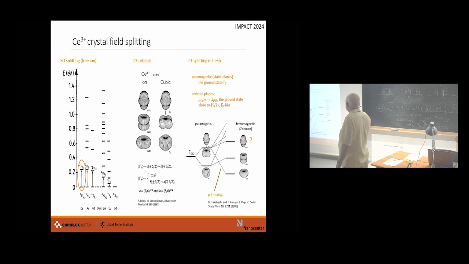A tetragonal distortion would still keep some of this degeneracy, but you have a magnetically ordered state, which completely breaks all the degeneracies because you have magnetization. Yeah. So in tetragonal symmetry, only this four-fold degenerate state would split into two doubly degenerate states. But this distortion is very small.